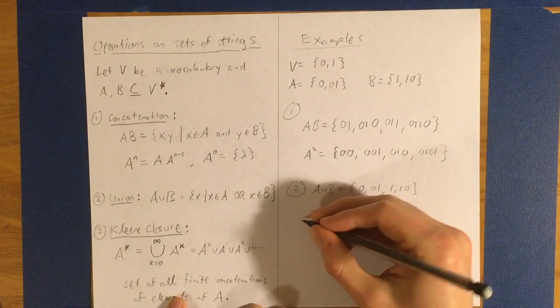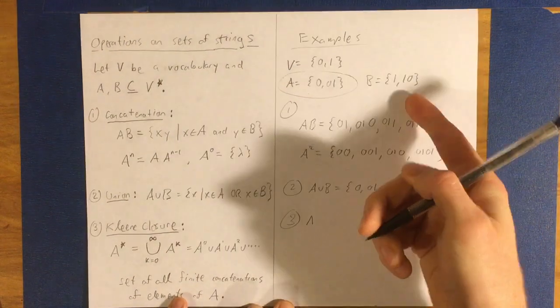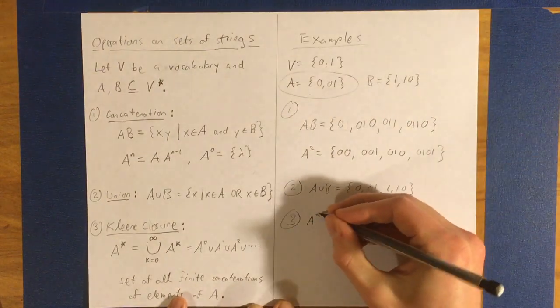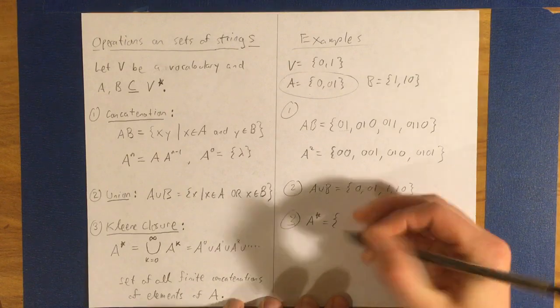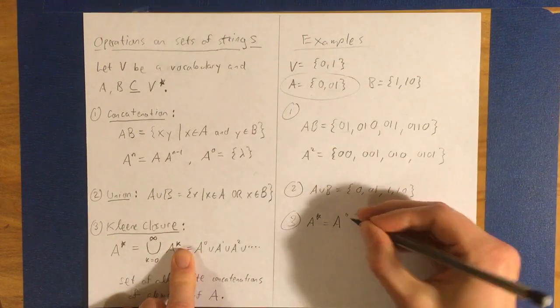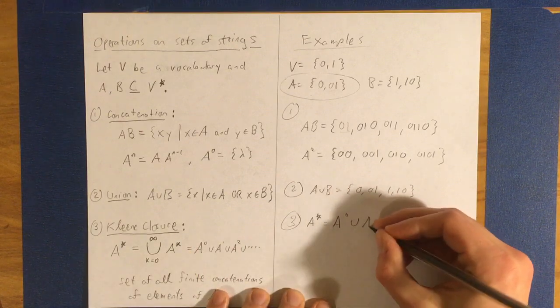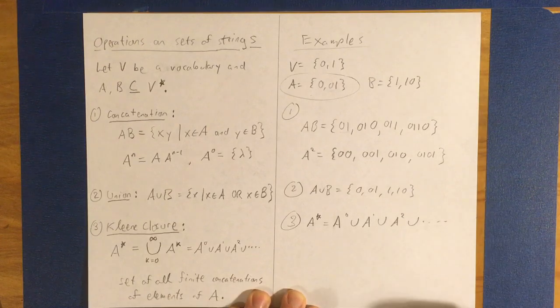So in our example over here, I'm going to use set A for this, although you could do it with B as well if you wanted. The Kleene closure A star, well, first of all, I'll write it out like I did here: it's A to the power 0, union A to the power 1, union A squared, union, etc., forever.